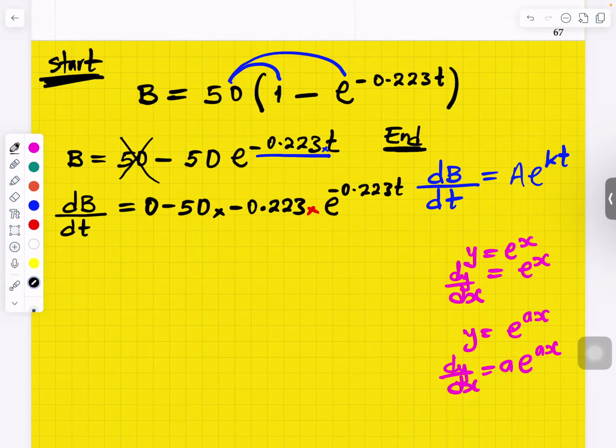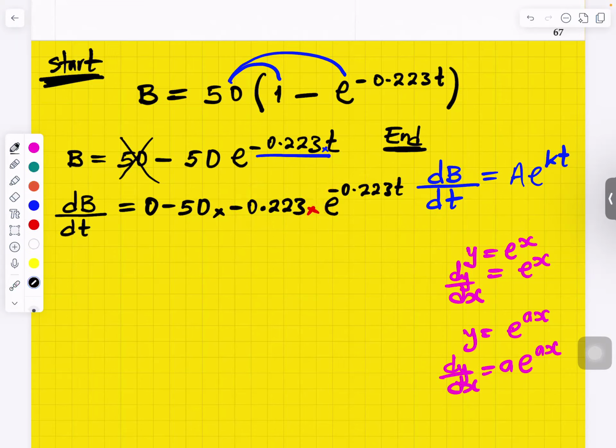So that's what it is there. So differentiating e to the power ax, differentiate that power there, which will give you minus 0.223. You multiply by that power you differentiated, and then the e to the ax stays the same.